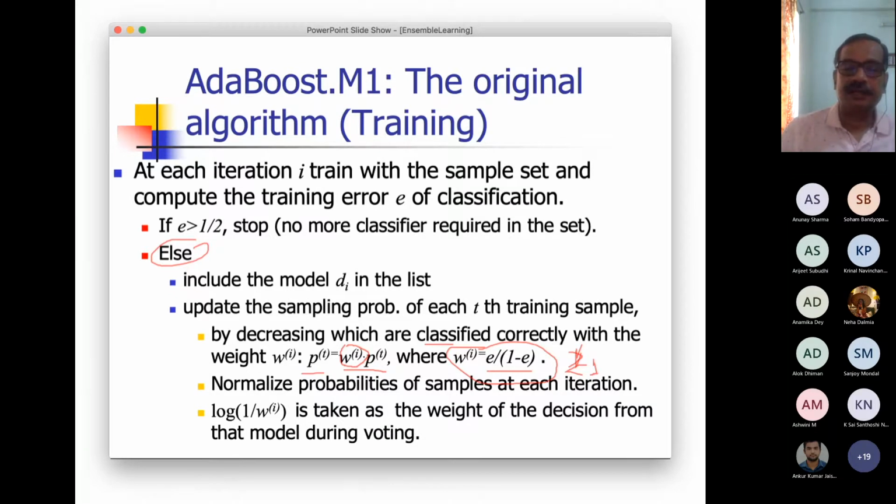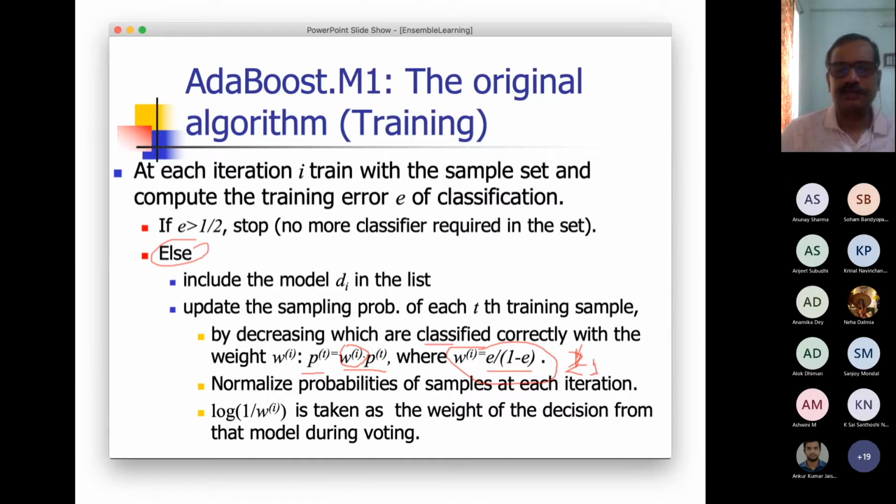Which means that you are giving increasing weight to the decisions of the better classifiers. Not easier, but those which have good performance, I should say. Intuitively, the good classifiers should be given more weight.